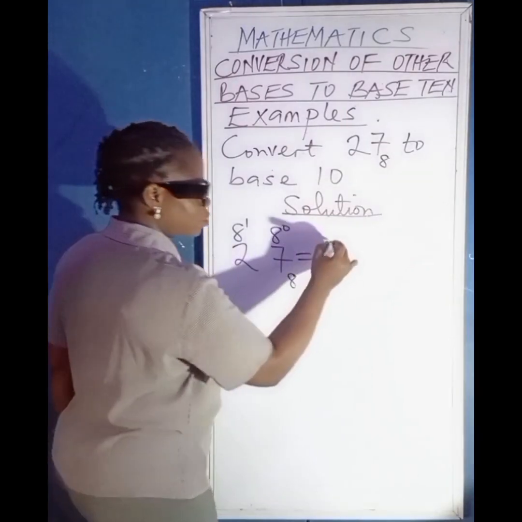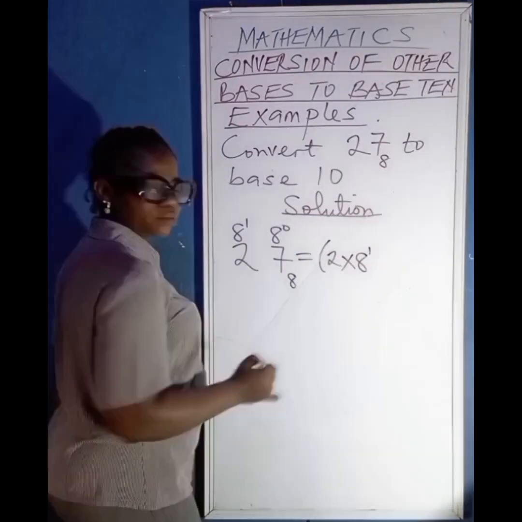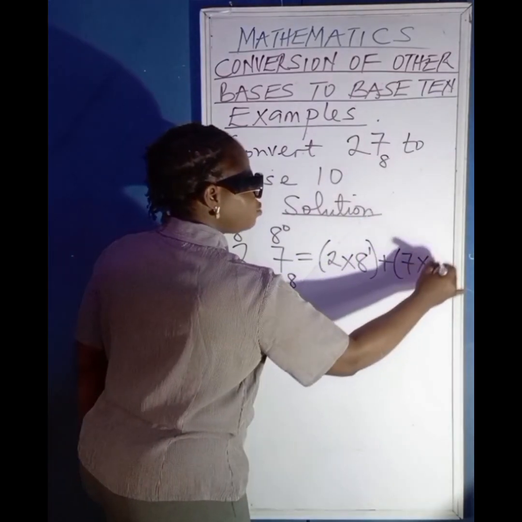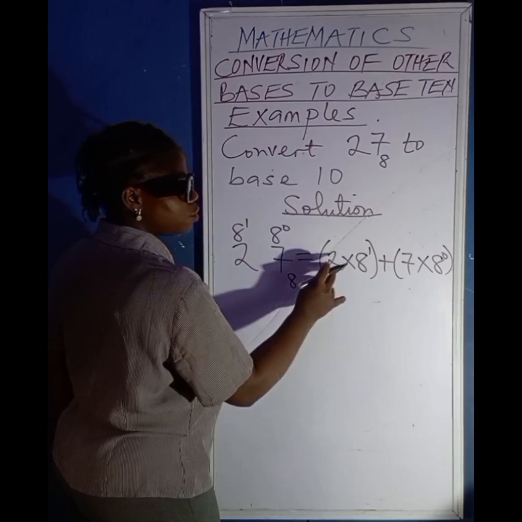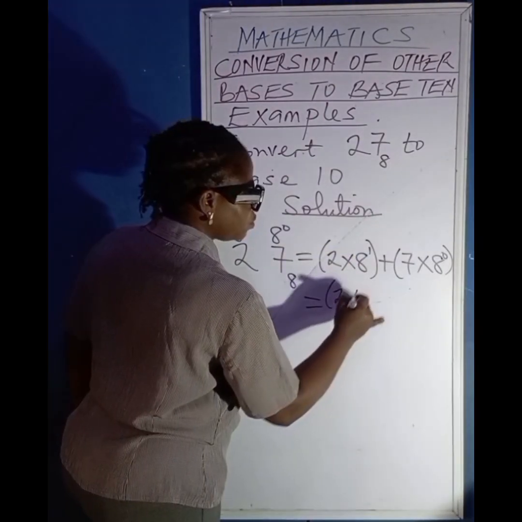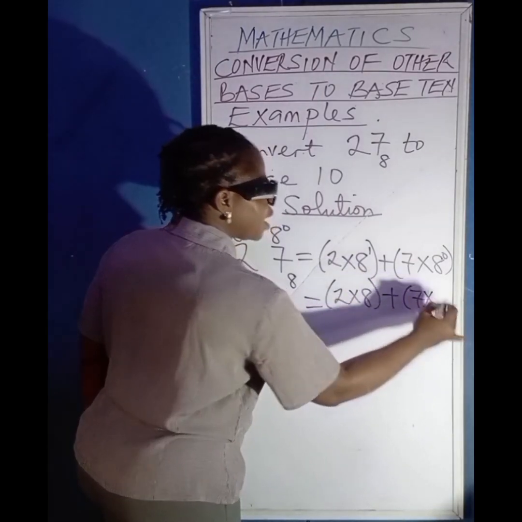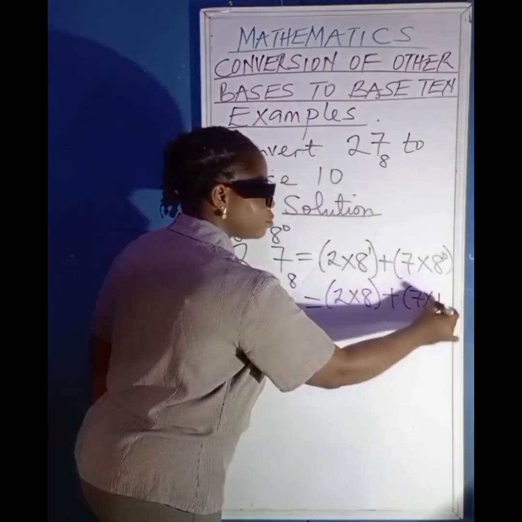This is equal to 2 times 8 raised to 1 plus 7 times 8 raised to 0, which is equal to 2 times 8 plus 7 times any number raised to 0, which is equal to 1.